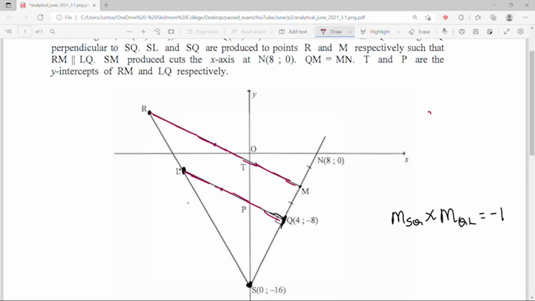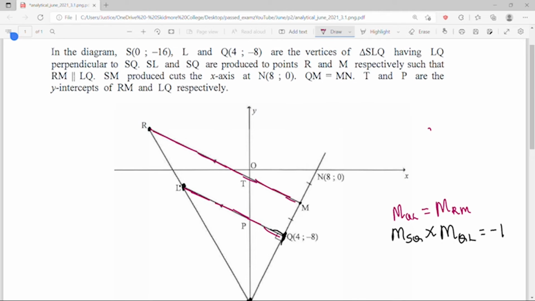The same gradient. So we know that the gradient of LQ is equal to the gradient of RM, right? This seems like it's time consuming, but once you get to the first question, the second question, the third, you just realize that, oh, we're just checking our analysis and just answering the questions like they want us to.